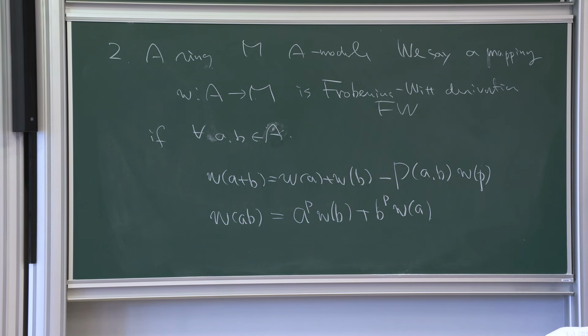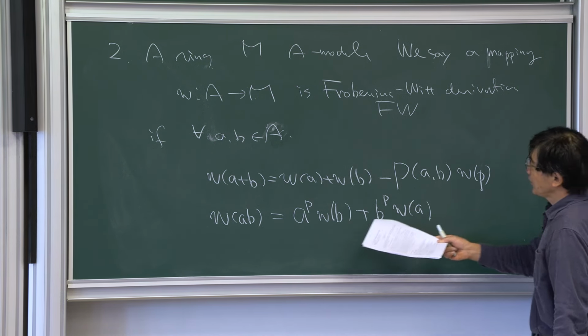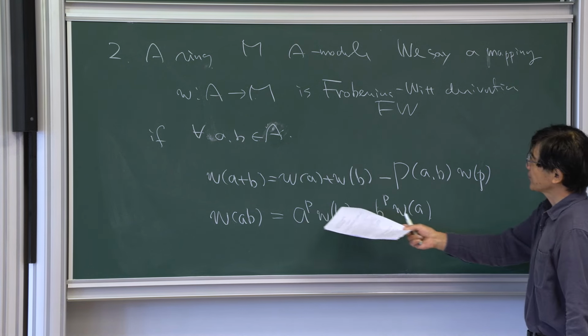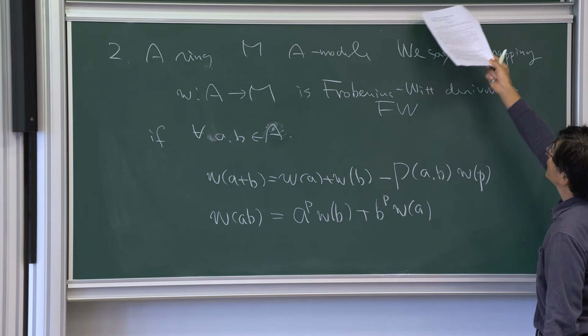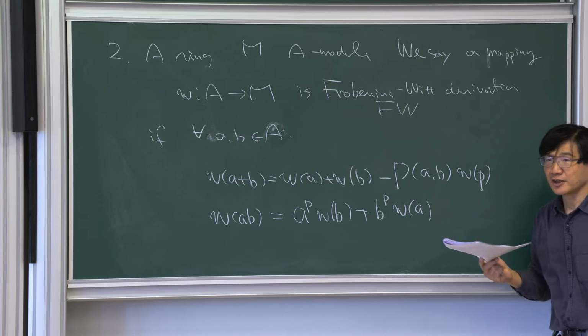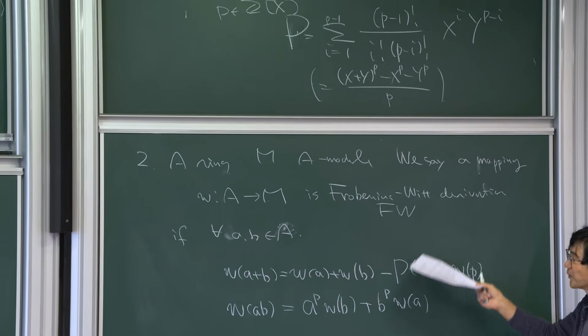Yeah, so this is the definition. The name comes from: here we have the p-th power, so it's Frobenius, and this polynomial appears in the addition of Witt vectors of length 2, so it's called Witt.